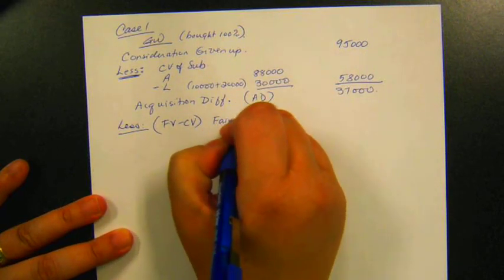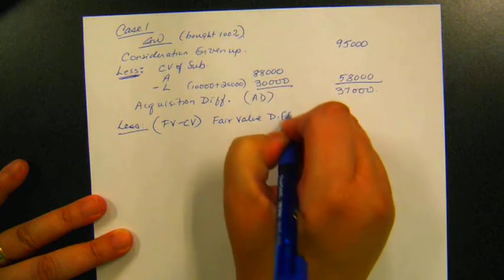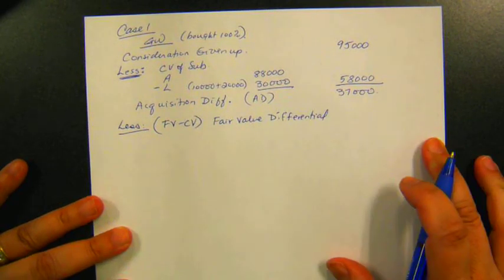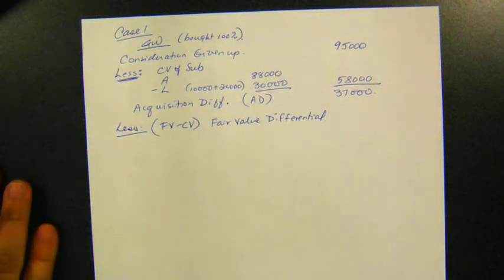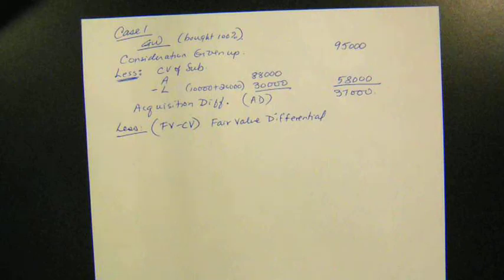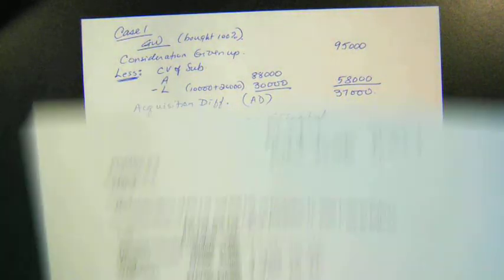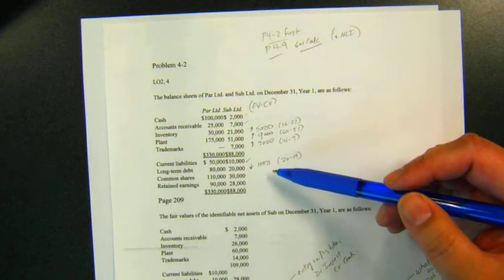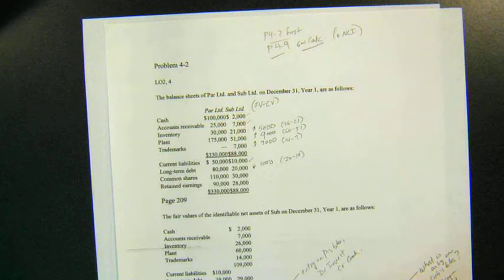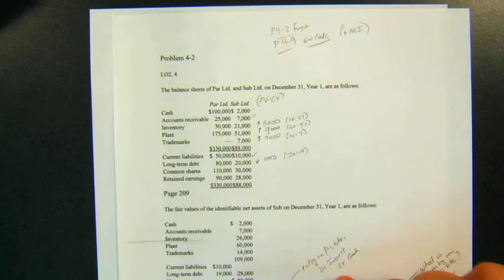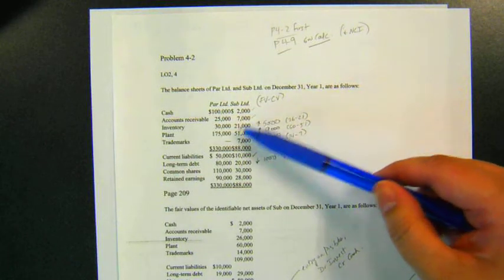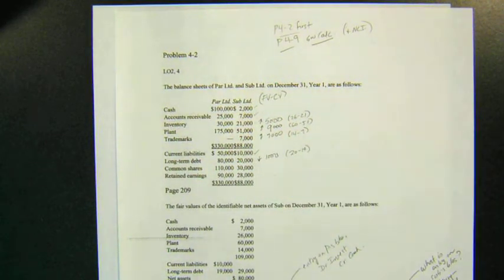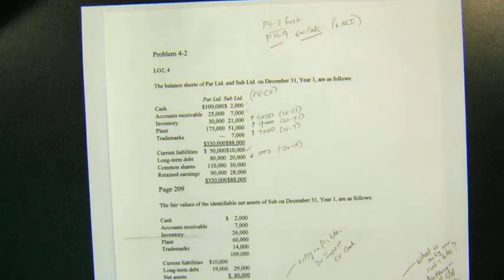Now this is where you go back to our little page here, and we're just going to put all the ones that are different. Always bear in mind, you guys, with questions, additional information could also say, oh, hey, there's also a patent that isn't on the original sub's books. Okay? Then you'd have to add it in.